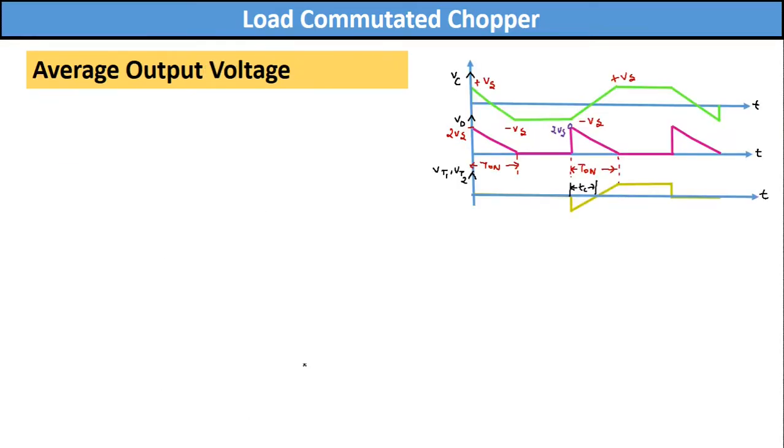Now we will find out the average output voltage. To find the average output voltage, we have to take this triangle. If we find the area of this triangle, then we can find the average output voltage.